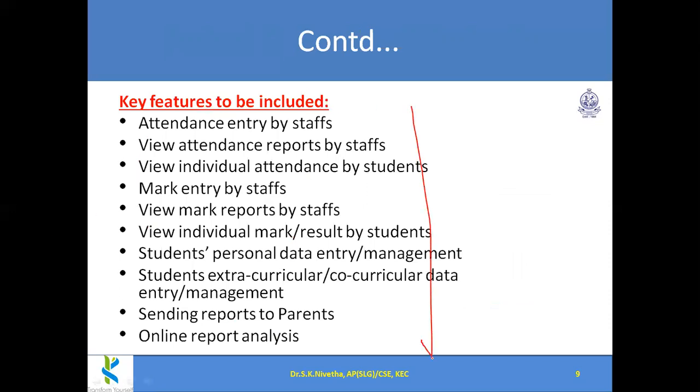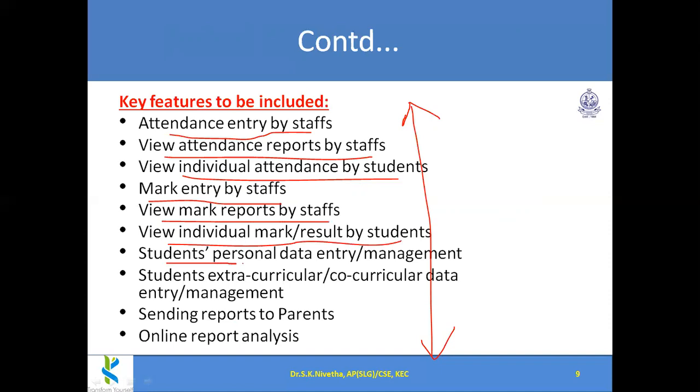So these are extra, to have better clarity on the objective: attendance entry by staff, viewing attendance reports by staff, viewing individual attendance by students, their own attendance, mark entry by staff, viewing mark reports by staff, viewing individual mark or result by students, students' personal data entry and management, like we are collecting your address, contact number, parents' information, those kinds of information. Students' extracurricular and co-curricular data entry and management, sending reports to parents, online report analysis.